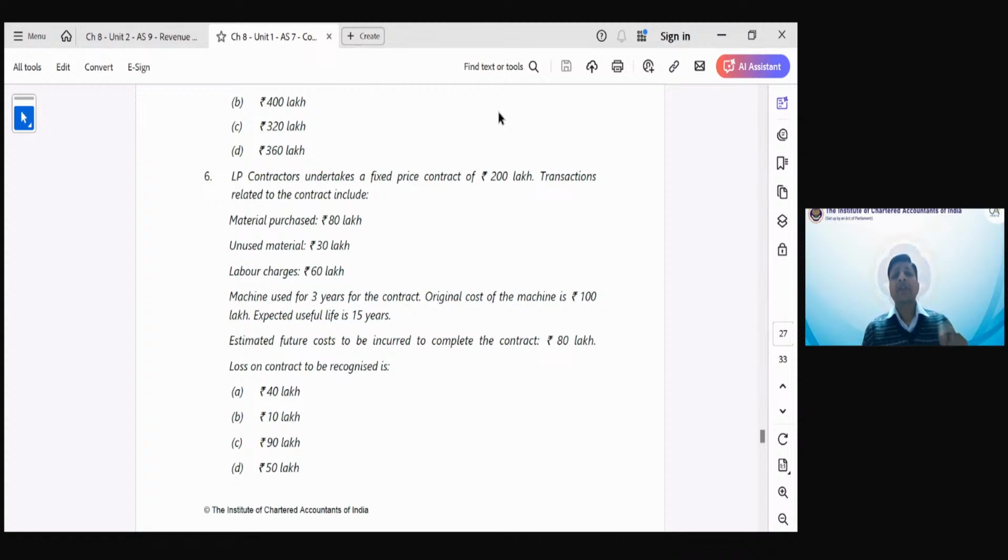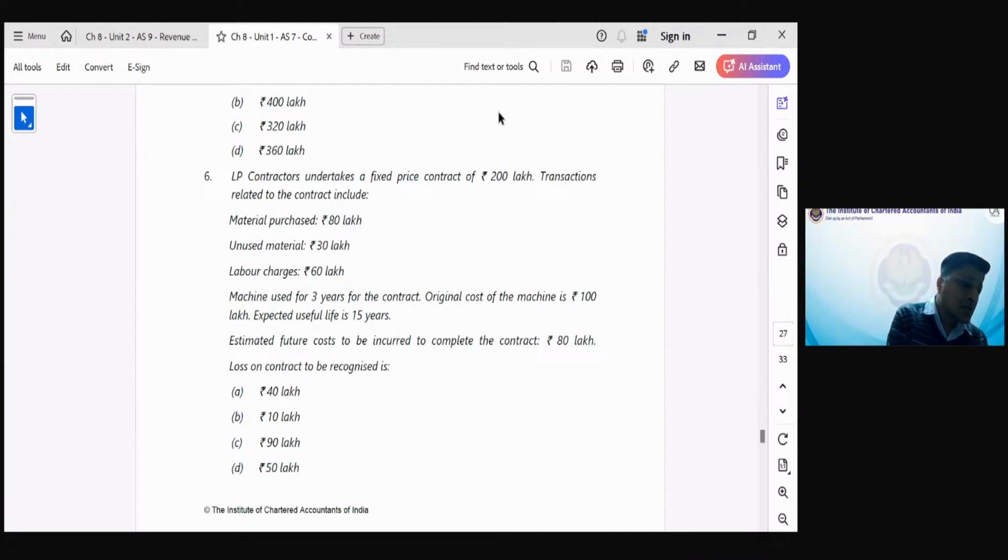First of all, can you please let me know what will be the amount of depreciation? So let me just also calculate this. Okay, so 100 lakhs is the original cost and there's no residual value, it appears. The machine is going to be used for 3 years for the contract.